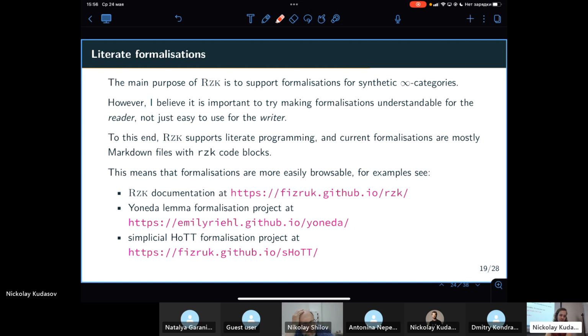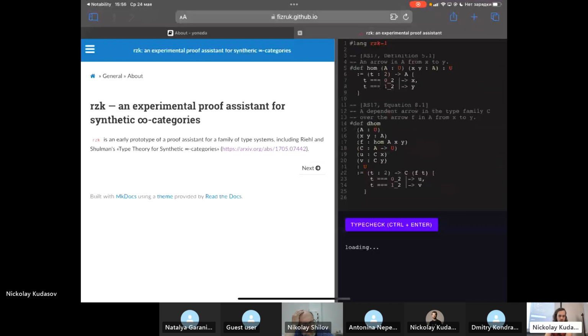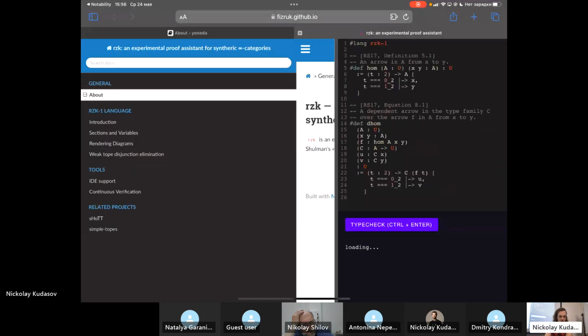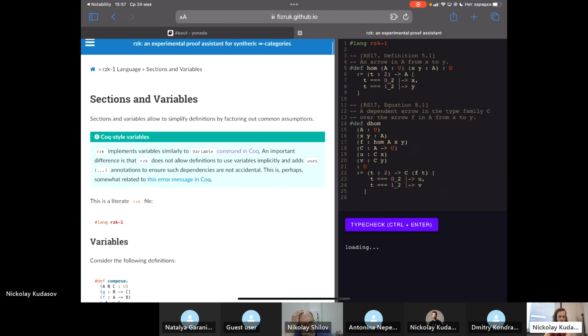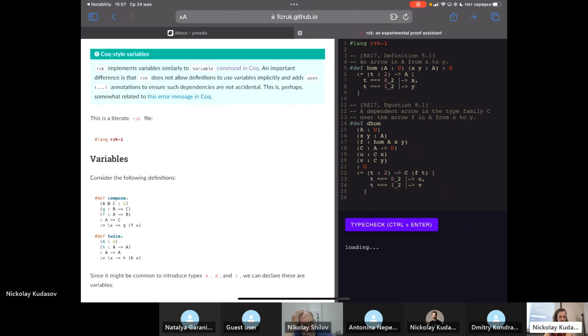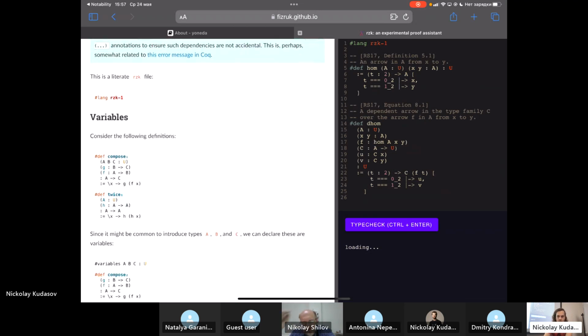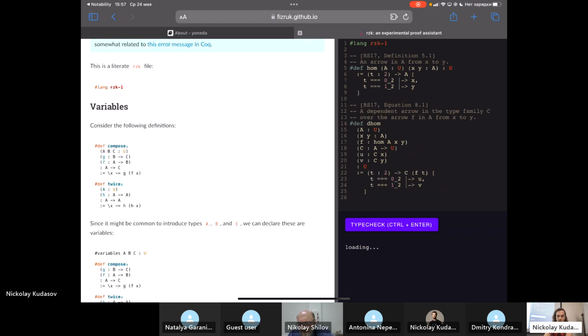Now we are not following that very closely, but I can show you some examples on the website of the proof assistant. So for example, when I'm talking about sections and variables, there is some text and some examples of the code.